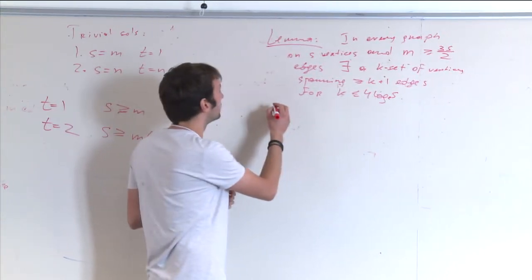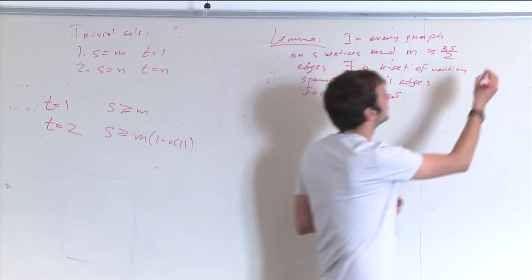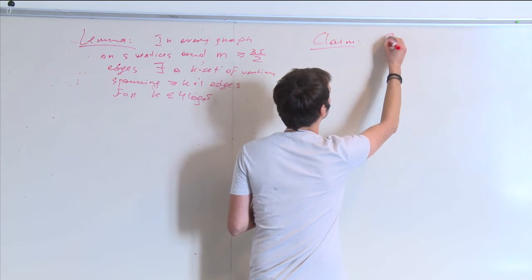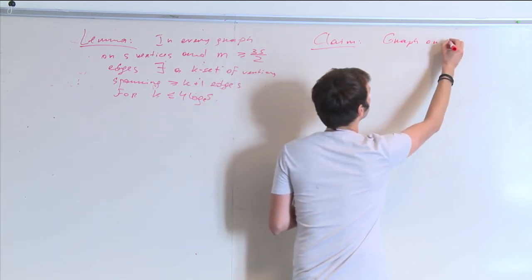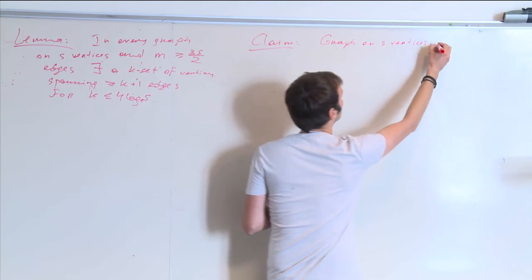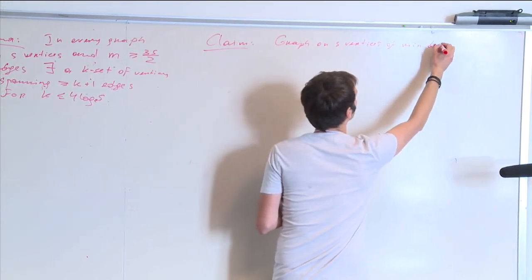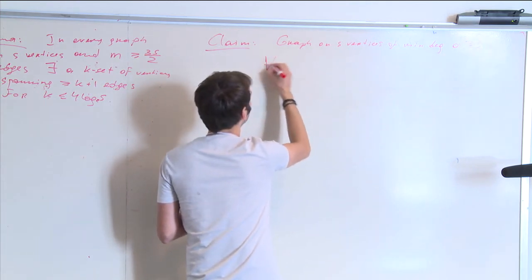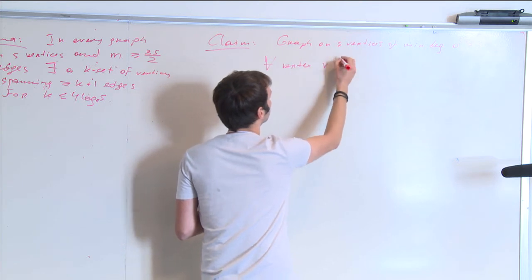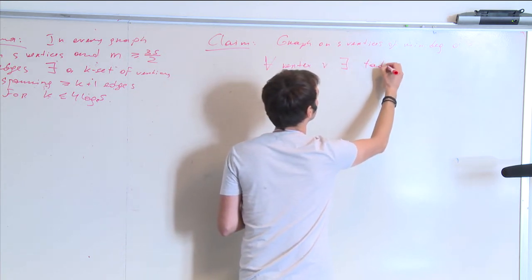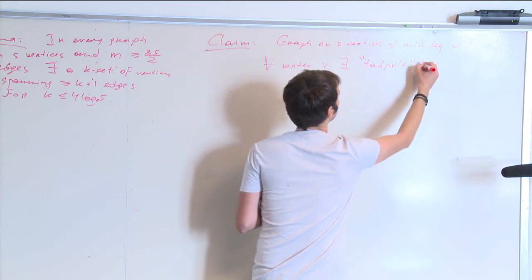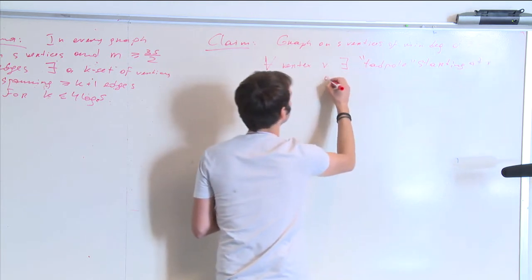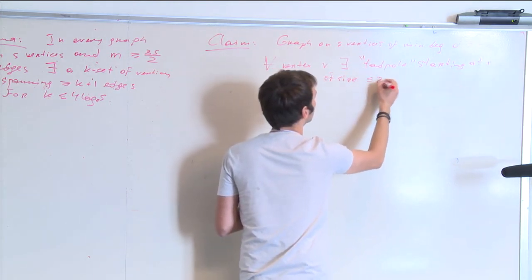How can we prove this? We'll use the following simple claim. If you have a graph on S vertices of mean degree at least 3, then for every vertex v, there exists a tadpole graph starting at v and of size less than 2 log s.